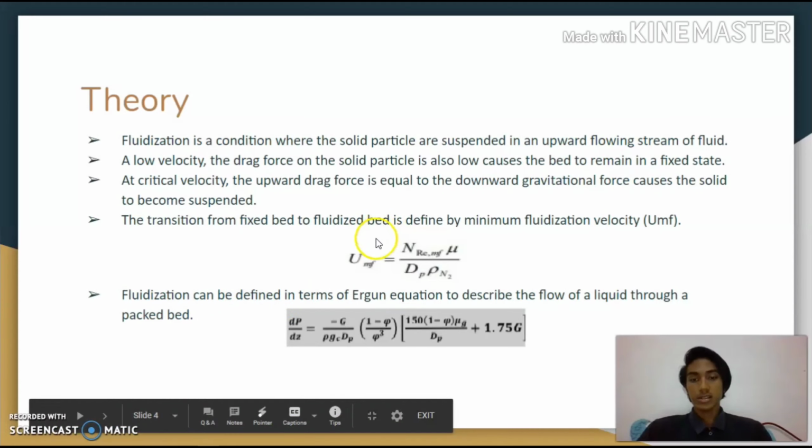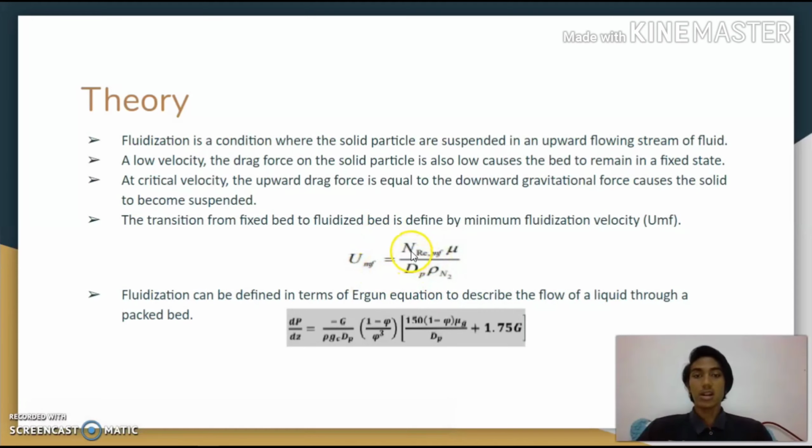As shown in the slide here, the formula for UMF is equal to the Reynolds number times the viscosity of the fluid divided by the particle diameter multiplied by the density of the fluid.